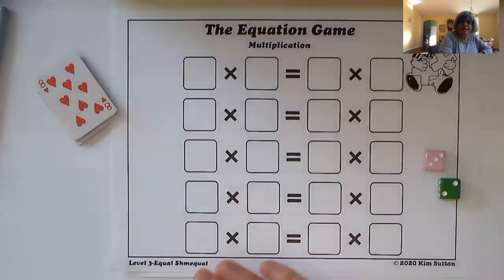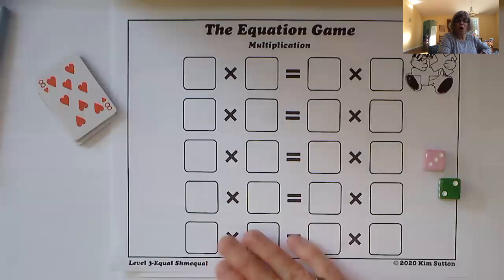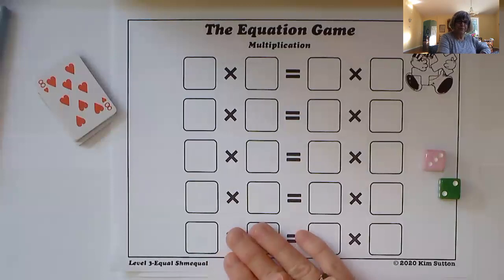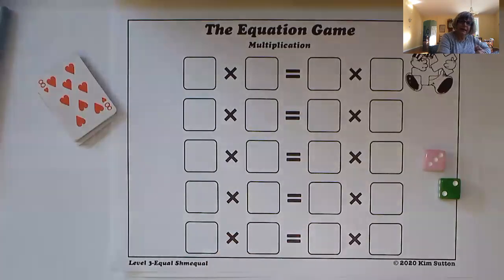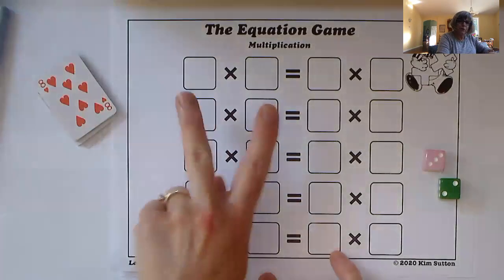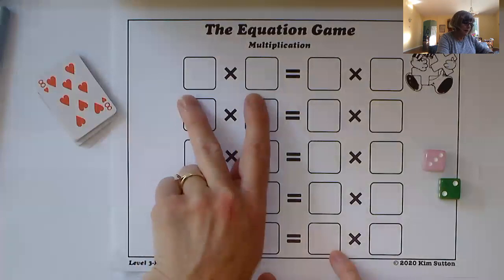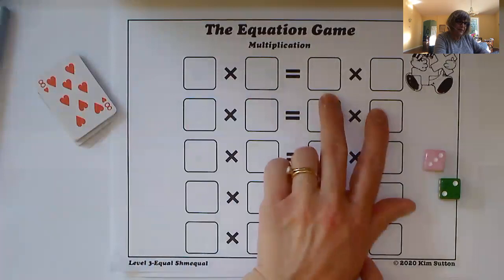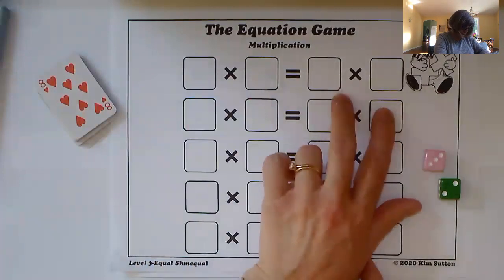So in this game, you are trying to be the first one to fill out all 5 of your equations. There is a little catch to this game. If you use a factor on this side of the equation, you have to use different factors on this side.